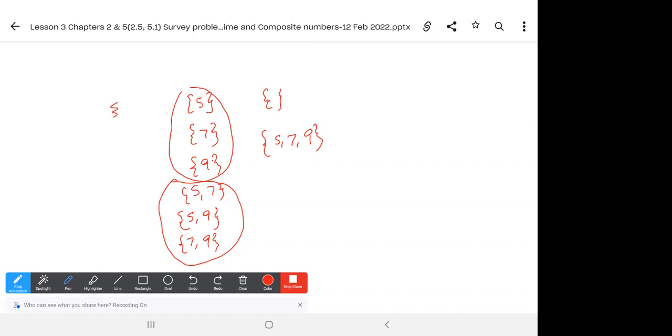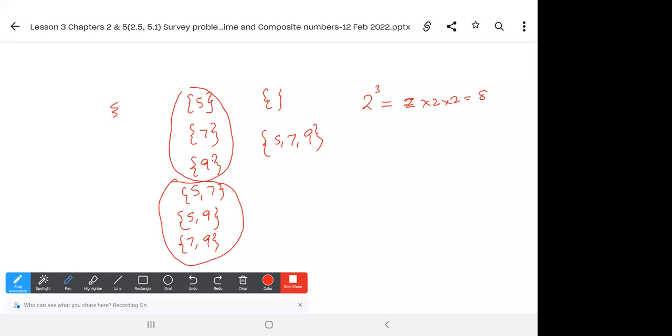And the formula, which is in your book, says that to find the number of subsets you could get for each set, it's 2 to the power of the number of members you have in the set. So if a set has 3 members, then 2 to the power of 3 is equal to 2 times 2 times 2, which is equal to 8.